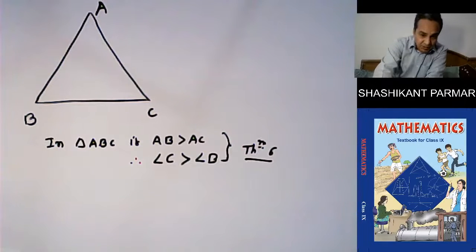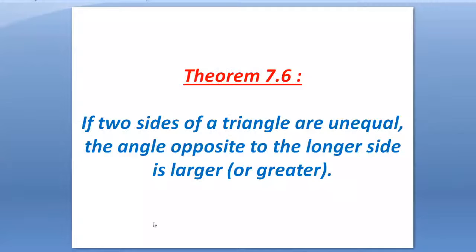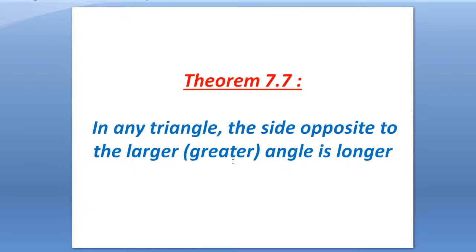And theorem number 7.7 is its converse theorem: in any triangle, the side opposite to the larger angle is longer.